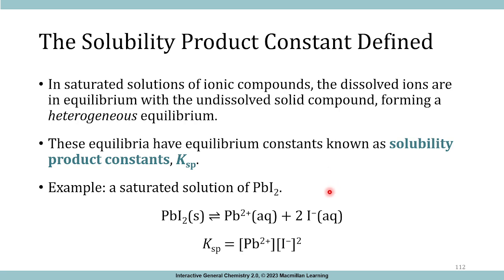Now, notice in these equilibriums, all the time, what happens? This is a heterogeneous equilibrium, isn't it? We're always going to have a solid on one side, and then aqueous solutions on the other, different phases, and then we're going to have a neutral compound going to an ionic compound.